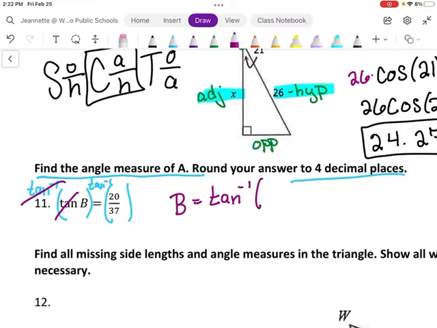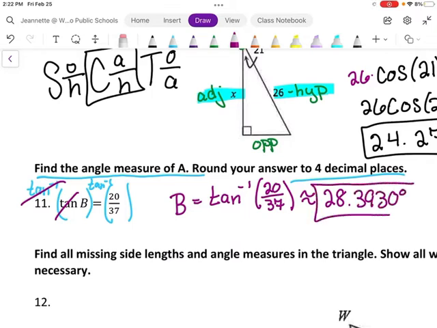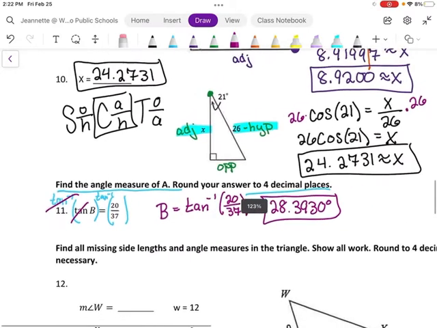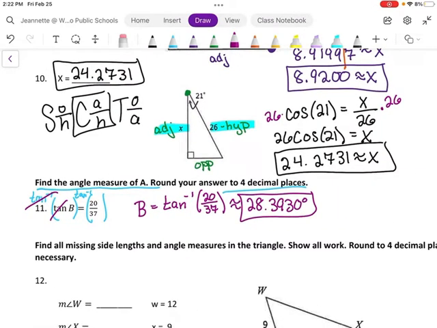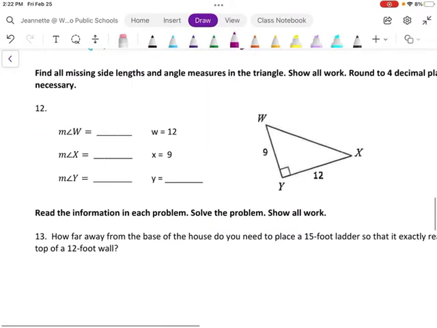So tangent -1, or the inverse tangent, of 20 divided by 37. And when you do that and round to 4 decimal points, you'll end up with 28.3930. And I do recommend trying to type some of these into your calculator so you make sure that you know how to do it for the test.